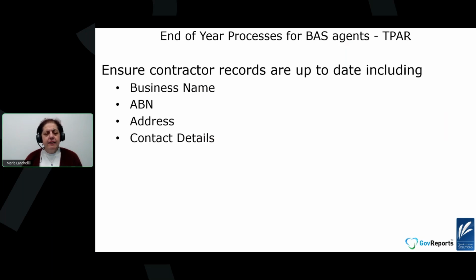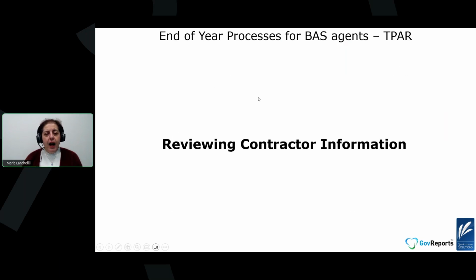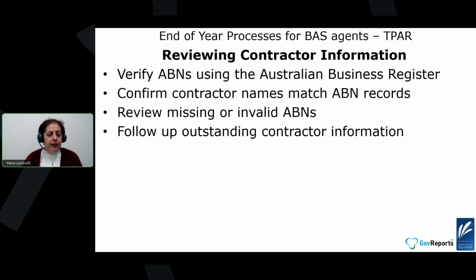So you need to double check those sorts of details as well. You need to review the ABNs using the Australian Business Register, confirm the contractor name matches the ABN records, review missing or invalid ABNs, and follow up those contractors.